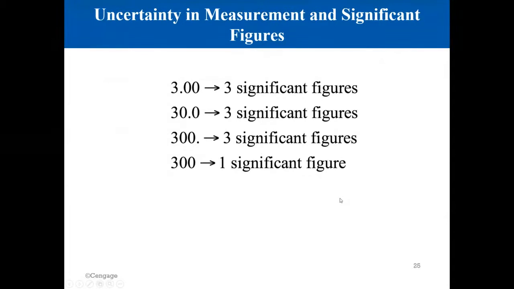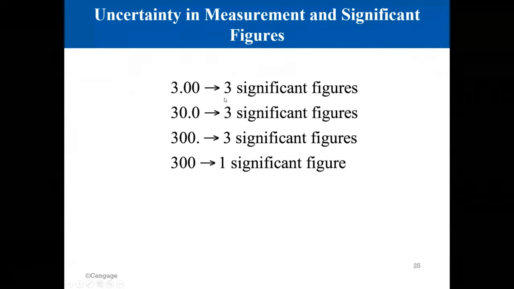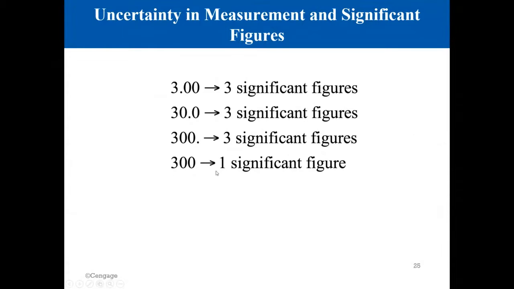Sometimes it's a little bit tricky, but you need to check. When you see the decimal point, it's different than when there is no decimal point. Like here, 3.00, this is 3 significant figures, while this one, 300, is just 1 significant figure, because we don't have that decimal point. So this is only 1 significant figure.